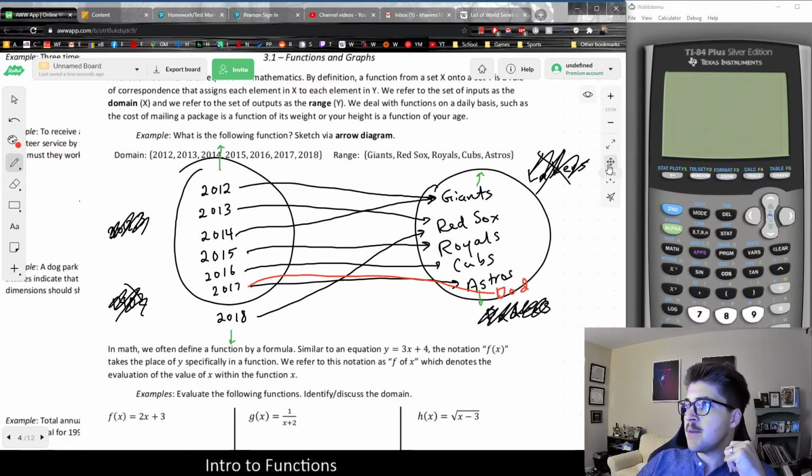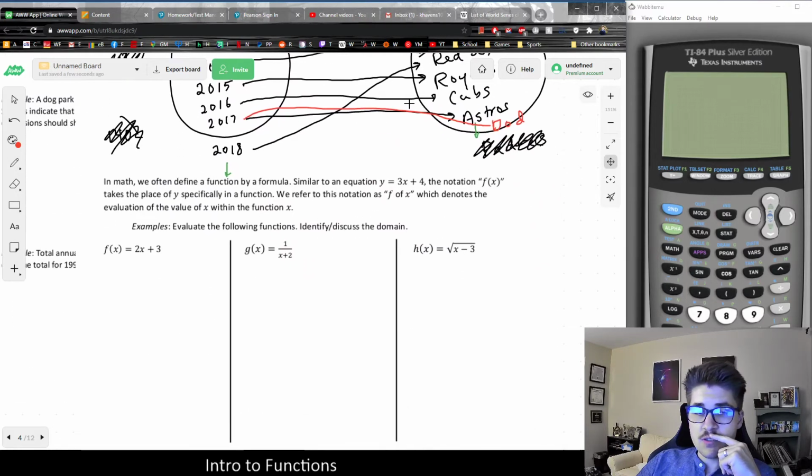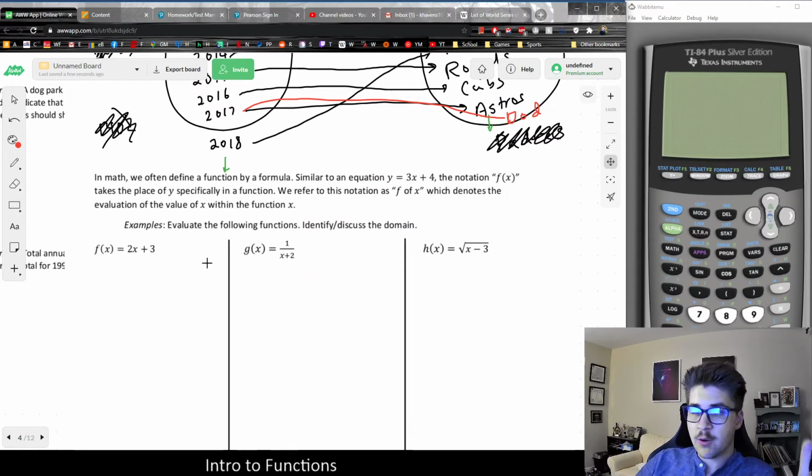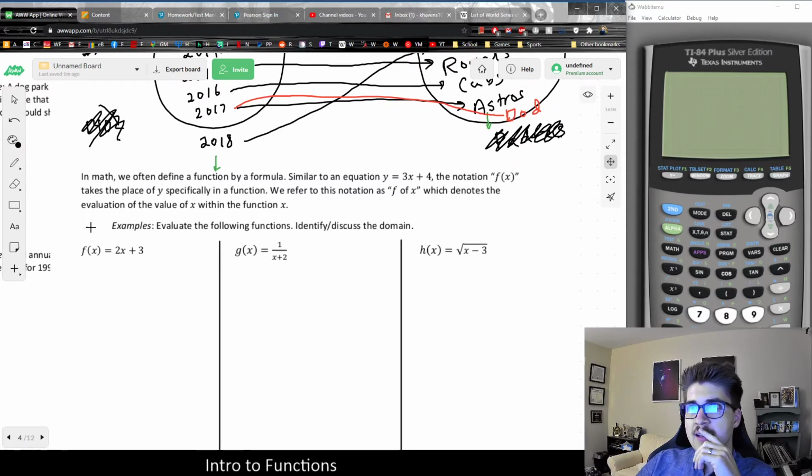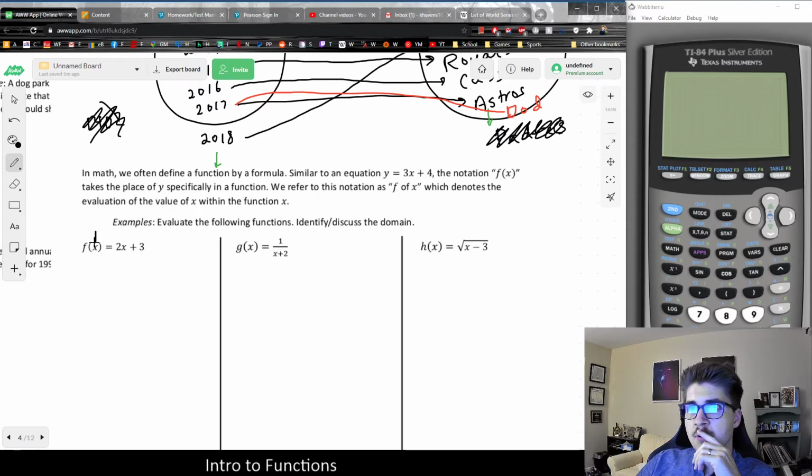Anyway, a mathematical function is often described by a formula or an equation, where we typically use the f of x notation to describe this correspondence. In a mathematical function, typically the variable x is used for the input or the domain value, and f is used to describe the output.